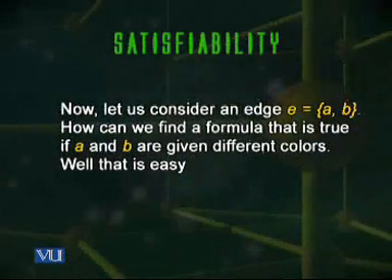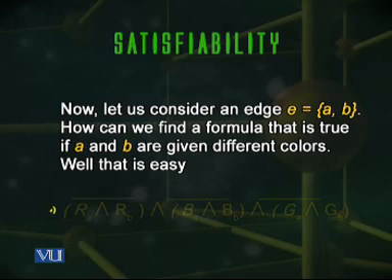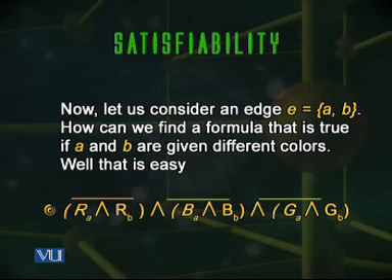Well, that's very easy. Let's look at the formula. Suppose I have an edge between A and B, and I want to say the vertices A and B should get different colors. Well, that's easy. I will say not of RA and RB, which means A and B both can't be assigned the color red, and not of BA and BB, which means they both cannot be assigned the color blue, and not of GA and GB, which means the vertices A and B cannot both be assigned the color green.